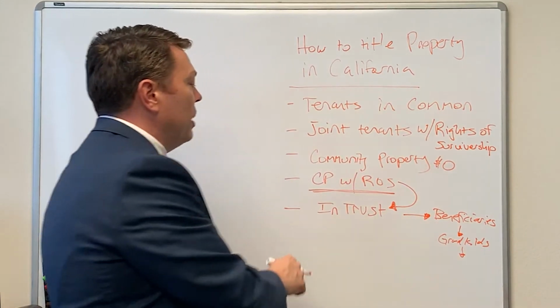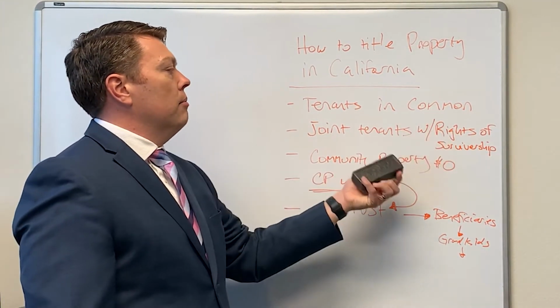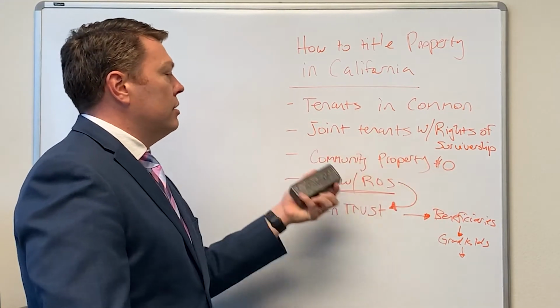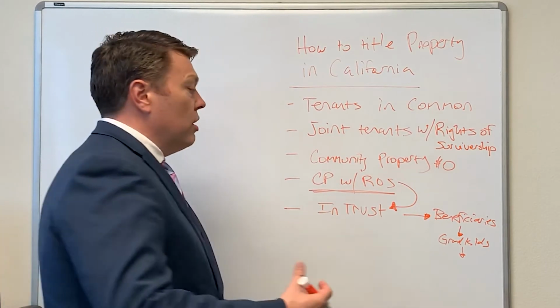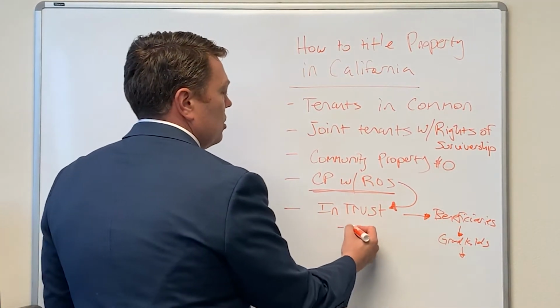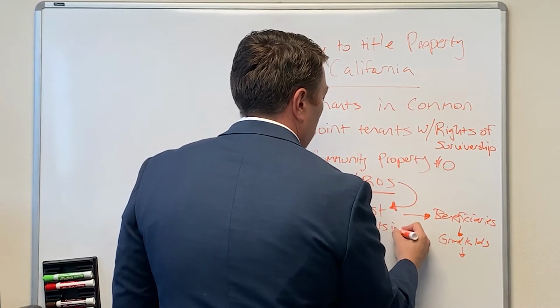Now, there are further benefits to holding property in trust that don't deal with avoiding court and don't deal with avoiding negative tax consequences. Like, you can also set up plans so that it protects in case of remarriage.